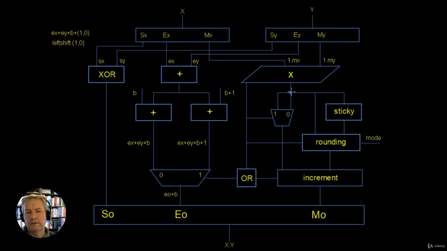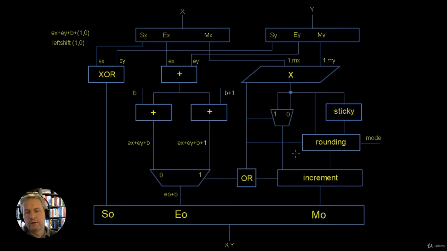Now we're also interested in the other 22 bits that sit to the right of the guard bit, and those 22 bits are the bits that get ORed together to produce our sticky bit. Now each of these go into the rounding section along with the 48th bit here, which we're not using for the moment but does get used in the rounding section for certain modes. So these are all the inputs that we need into the rounding section.